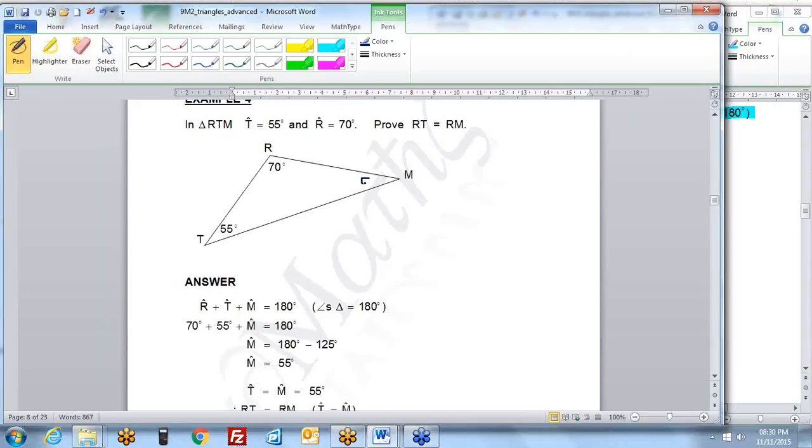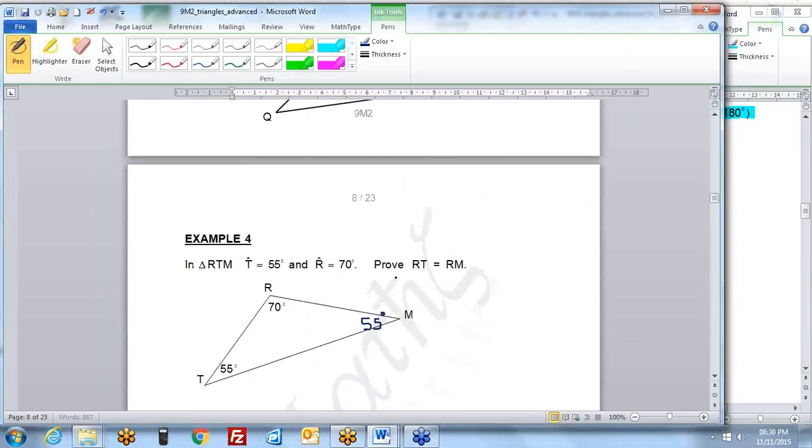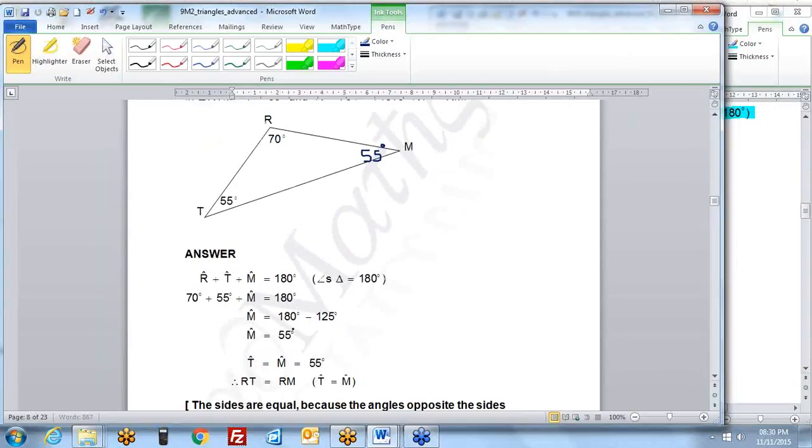So now let's just write that down. Always just write down all the bits of information. And remember, the question proved that RT equals RM, and now we can say that angle T equals angle M, and both of them are 55 degrees.